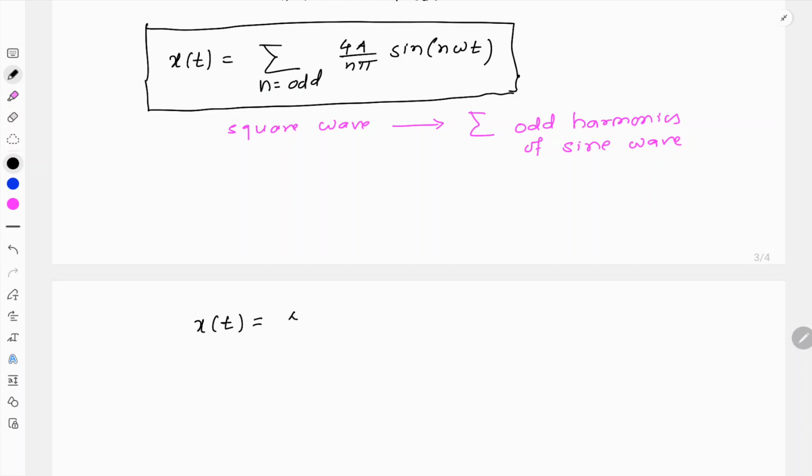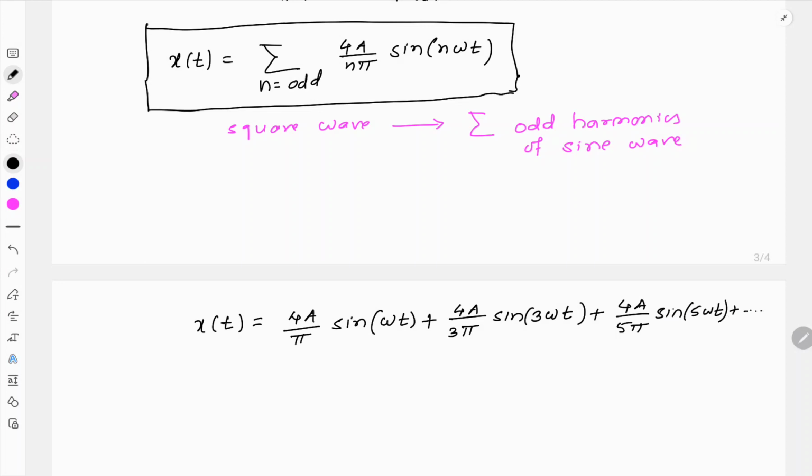For n equal to 1 we have 4a upon 1 pi into sine of omega t, plus next odd number n equal to 3, so 4a upon 3 pi sine of 3 omega t, plus next odd value 5, so 4a upon 5 pi sine of 5 omega t, plus, and so on up to infinity.